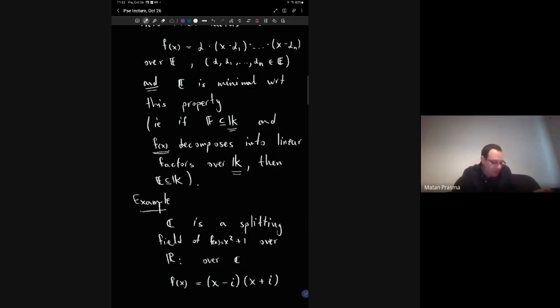So over C, indeed, f splits into linear factors, but that's still not showing that it is a splitting field, because we have to show minimality.